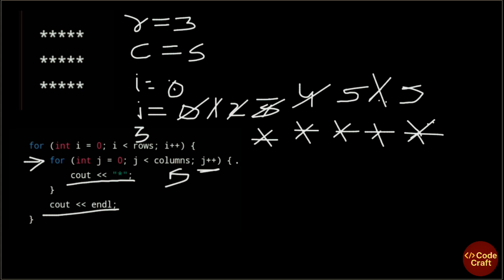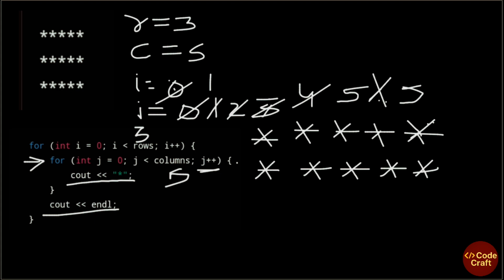After this i becomes 1, this condition is also true, and the compiler enters the loop. The same process runs again, and we have 5 stars in the second row.